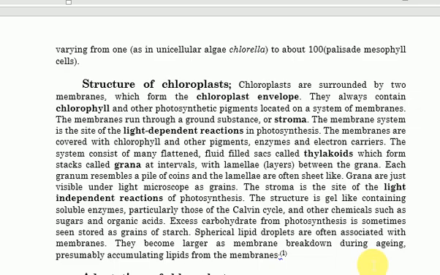So this is simply about the structure of chloroplast. I have not included the diagram in these notes, but I may show you later.